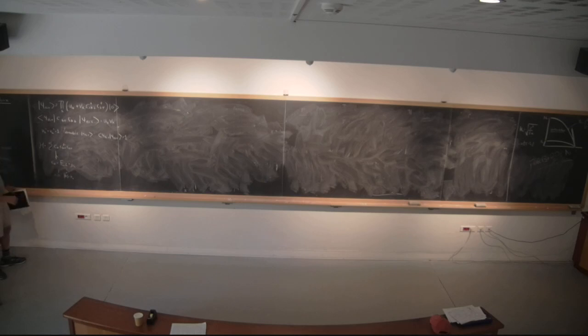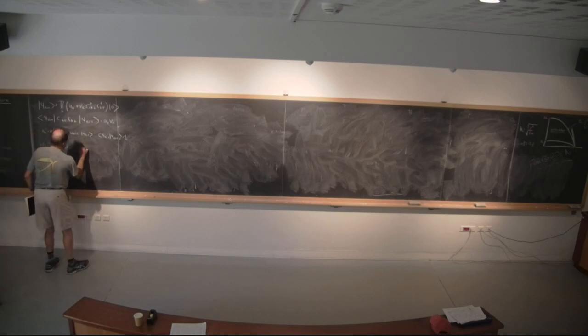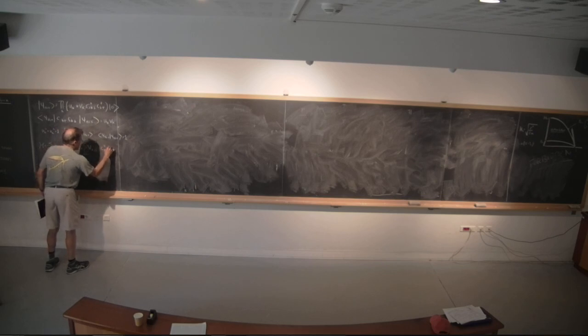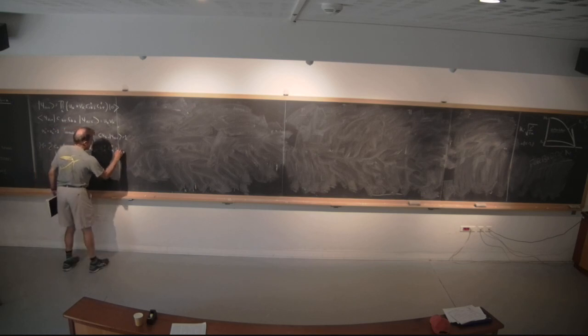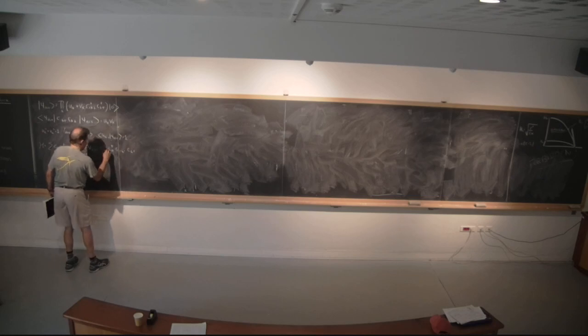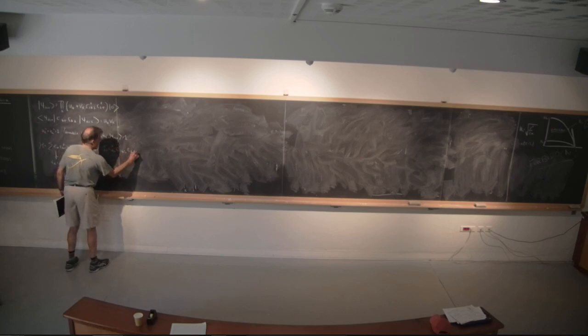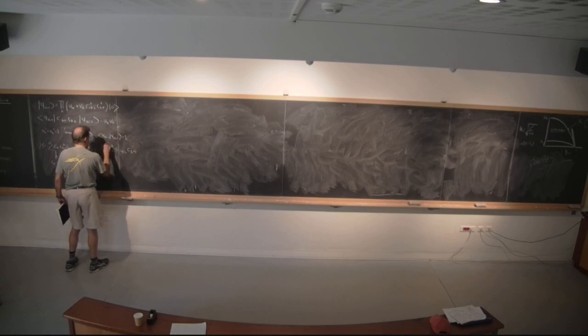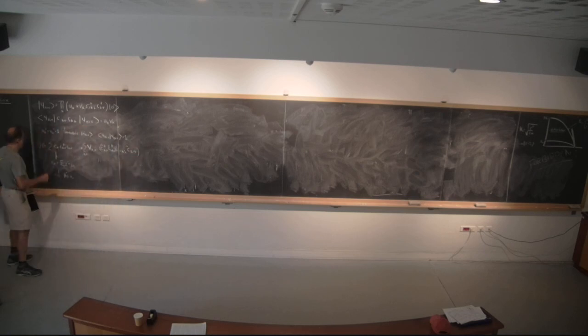And then the next term is this scattering term that scatters pairs. V k k prime, c k up, c minus k down, c minus k prime down, c k prime up. This is one of the celebrated BCS Hamiltonians.